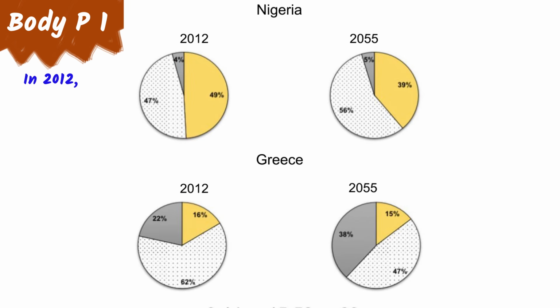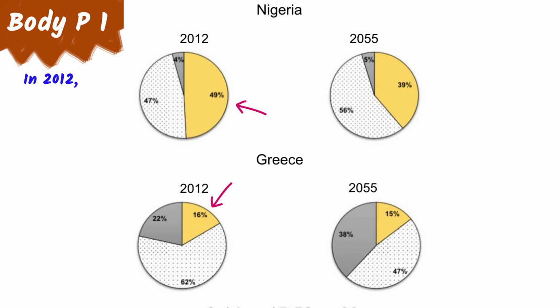As you can see, in Nigeria, around half of the population in 2012 were young people, right? And for Greece, it was 16%. So the young generation in Nigeria was way more than Greece in 2012.